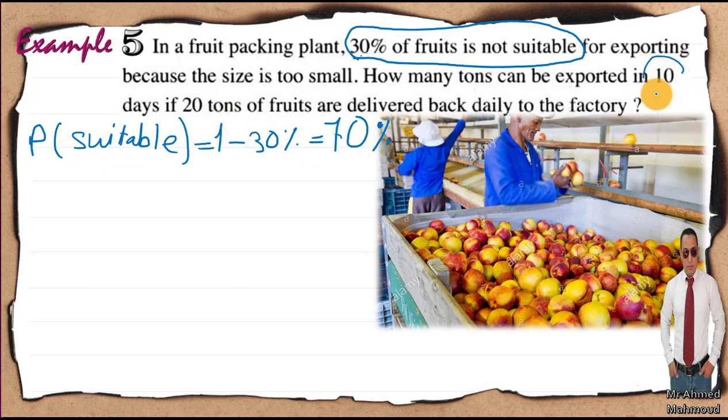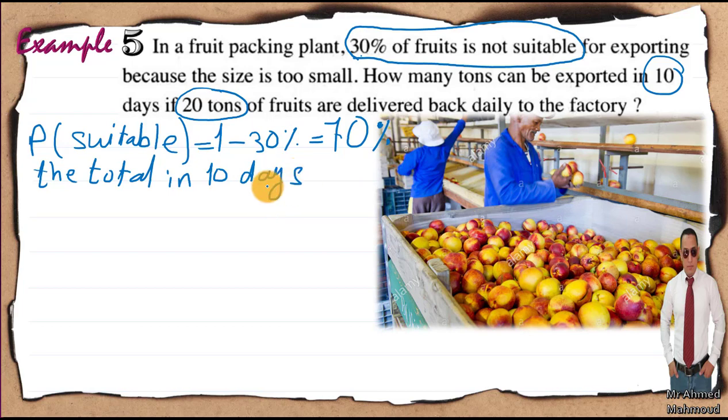I have 10 days. In each day I have 20 tons. So the total in 10 days equal 10 days times 20 tons equal to 100 tons.